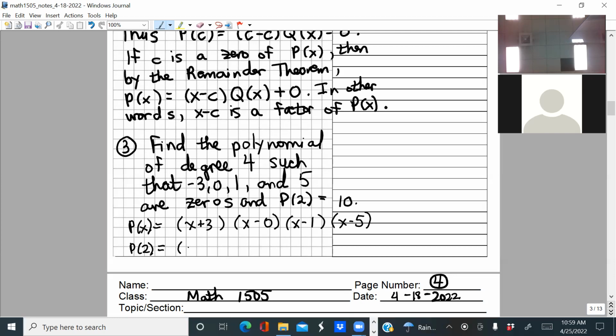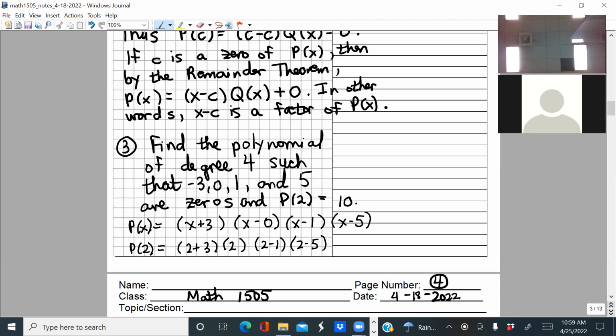If you plug 2 into this formula, don't simplify, leave it in factored form. What would you get? You would get 2 plus 3, and then 2, which is the same as 2 minus 0, so just a 2, and then 2 minus 1, and then 2 minus 5.